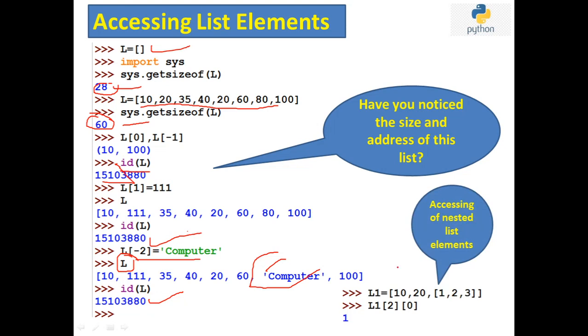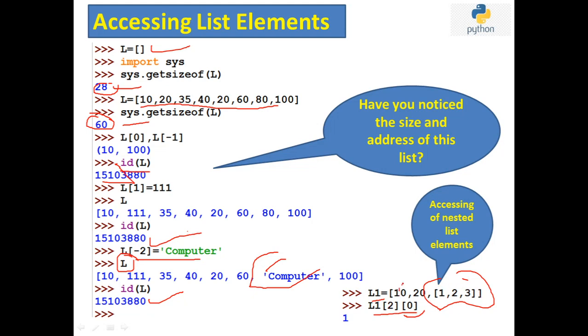Now one important thing: how do we access elements if there is a nested list? That means a list contains another list as its member. Here I have written two indexes. The first index signifies the index of the main list, and the second index signifies the index of the sublist, that means a list within a list.